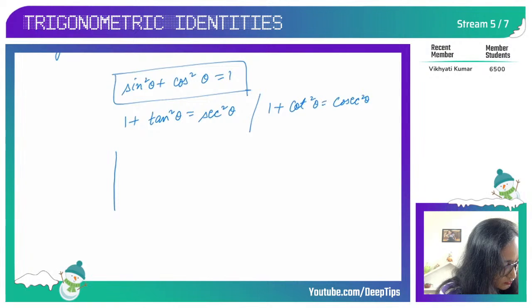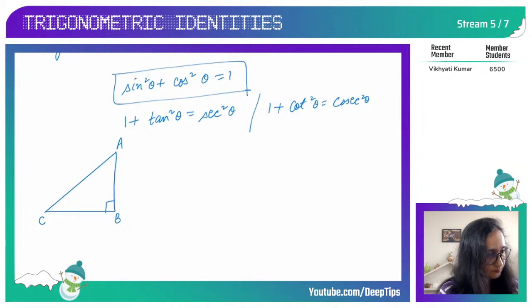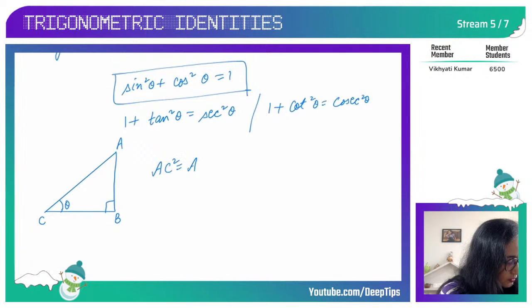So I'm going to draw one right angle triangle. Here is my right angle. Now if you look here, I have this angle theta, and my triangle is right angled at B. Now when I write the Pythagoras theorem, I write it like AC square equals AB square plus BC square.